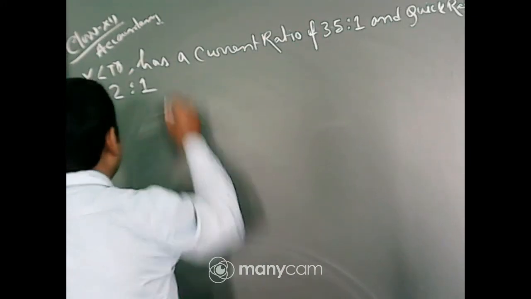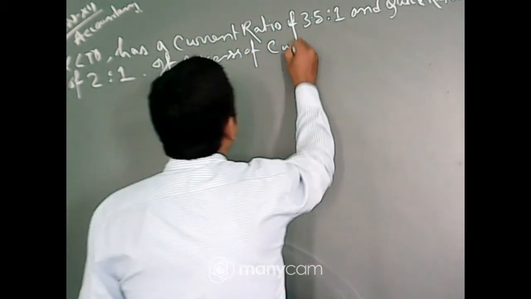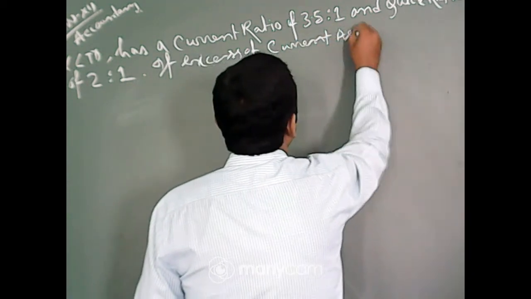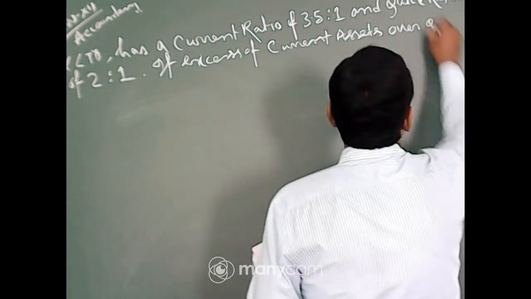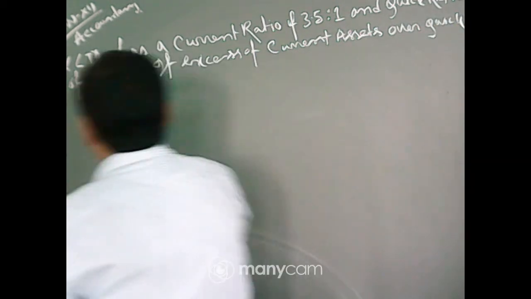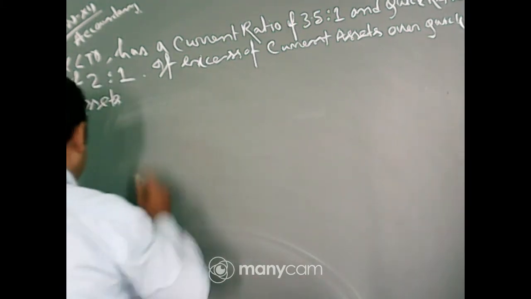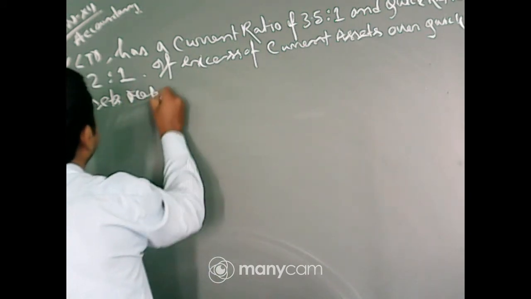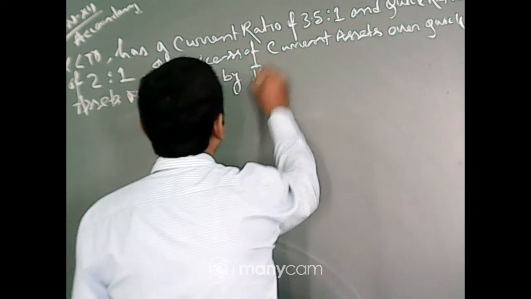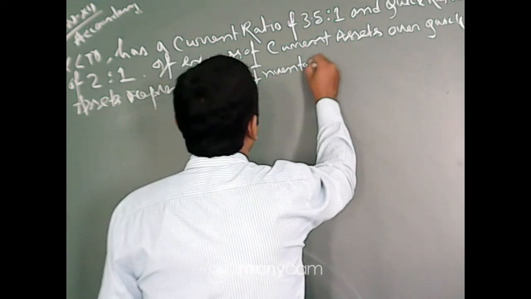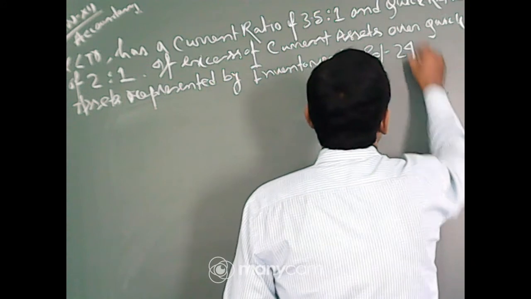If excess of current asset over quick assets represented by inventories is rupees 24,000.